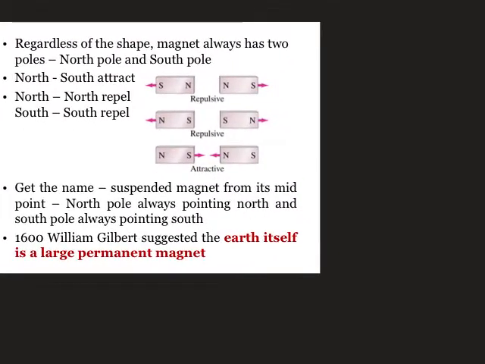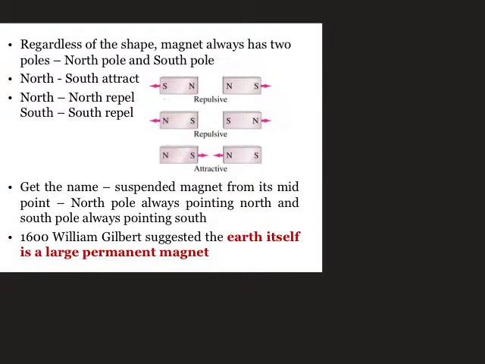Like I mentioned before, the magnet bar consists of two poles, north pole and south pole. So it seems like the charge we discussed before, which comes in positive and negative. But the difference is that with charge, you can have one isolated charge, one positive or one negative.